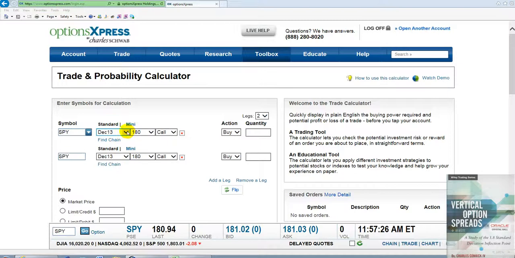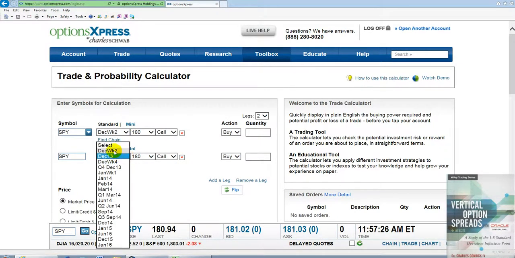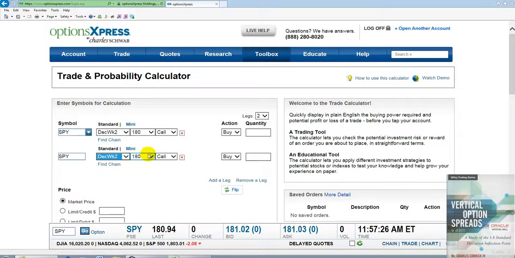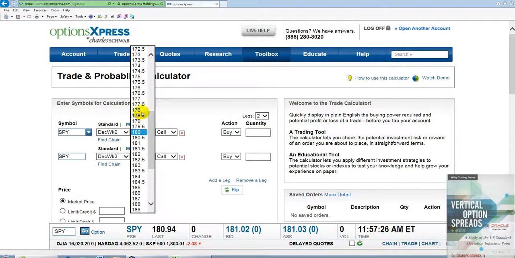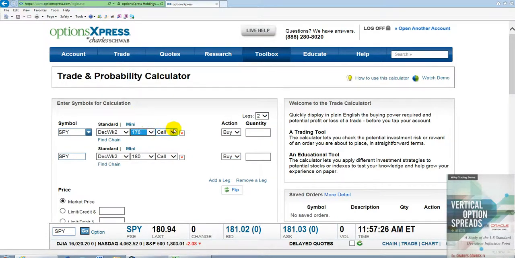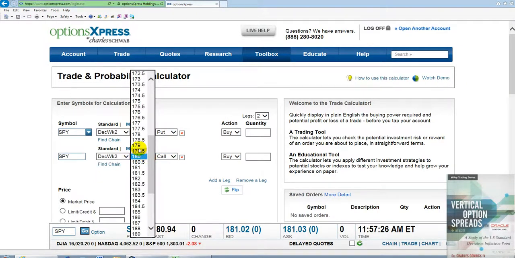So for this, what I'm going to do is go into the week 2 options, the expiration week 2, second week of December, and I'm going to go in with a 178 put on the long side, and a 179 on the short side.